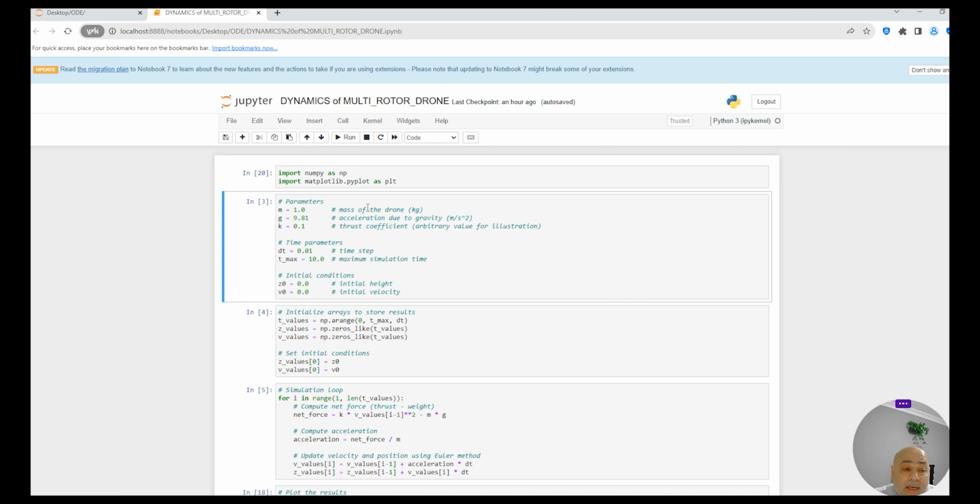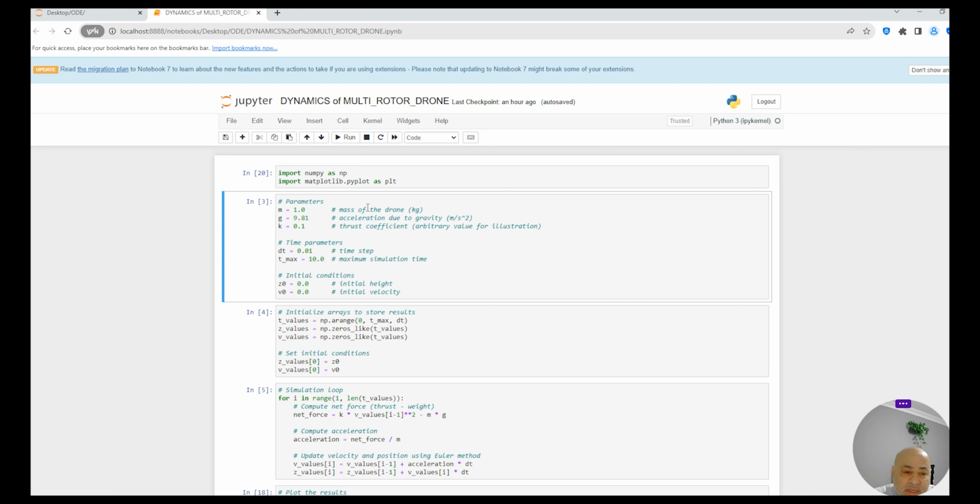Then I use z_values, which is the actual z direction height, and I said that the initial value is going to be 0, and before that I used the function np.zeros_like to create the array.